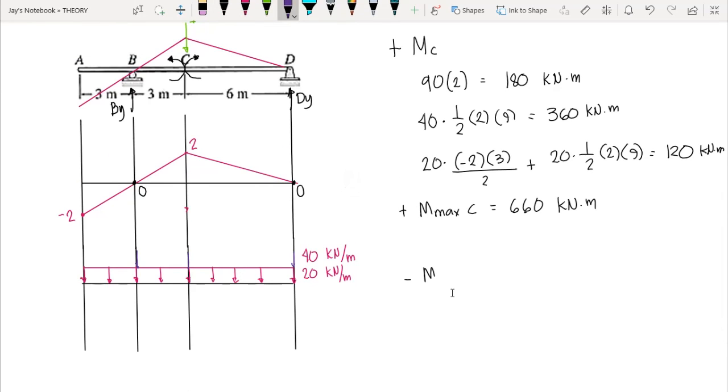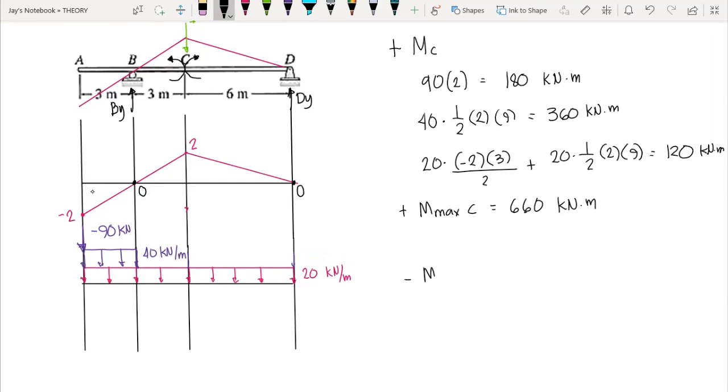Now for a negative moment, we reposition our live loads. We put our concentrated load at the highest negative ordinate. So we have -2 here, so we place our live load at this point. So we have this 90 kilonewton. And our uniformly distributed live load on the negative area under the influence diagram, which is from A to B. Okay, this one. So we have this area here, and this one is 40 kilonewton per meter.